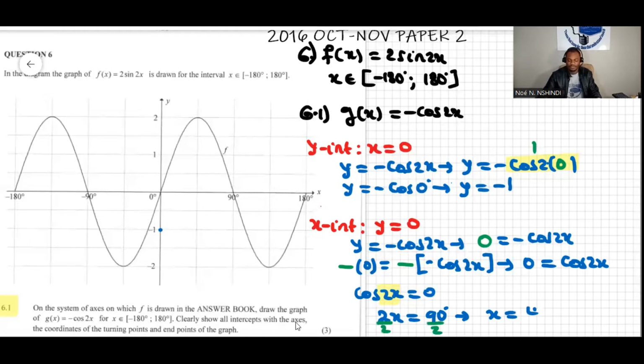So this value of 45 tells us the x-intercept, meaning every 45 degrees we have an x-intercept. When I look at my horizontal line, the x-axis, at 45 there we have the x-intercept.